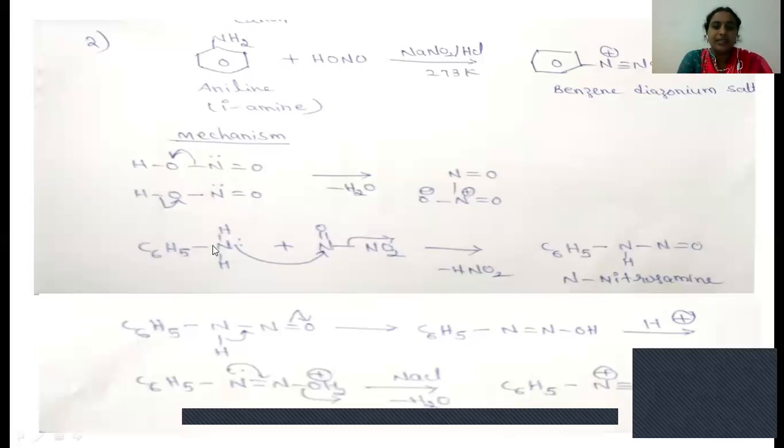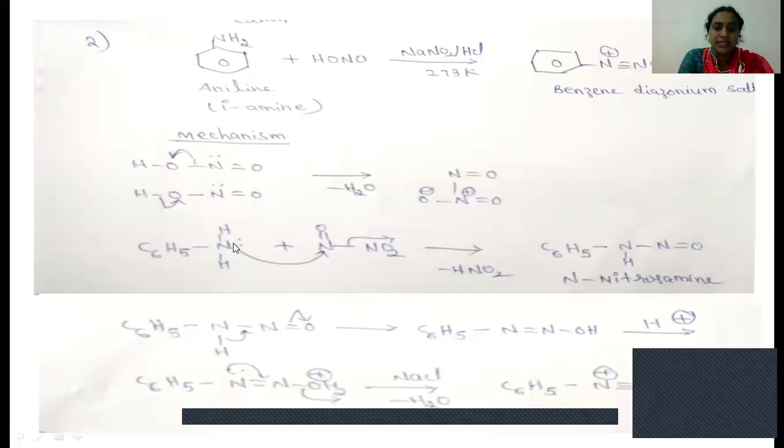In the next step, the nitrogen of aniline, which also contains a lone pair of electrons, donates its electrons to this nitrogen. Simultaneously, the NO2 group leaves by taking its bonding electrons as NO2 minus. Since this nitrogen donated its lone pair of electrons, it gets the plus charge.